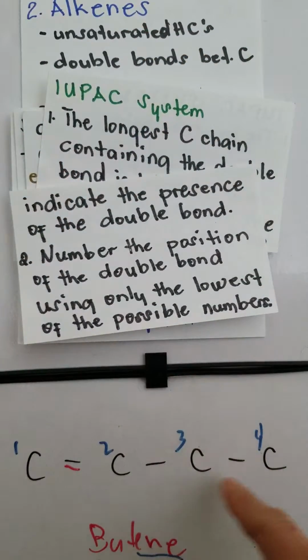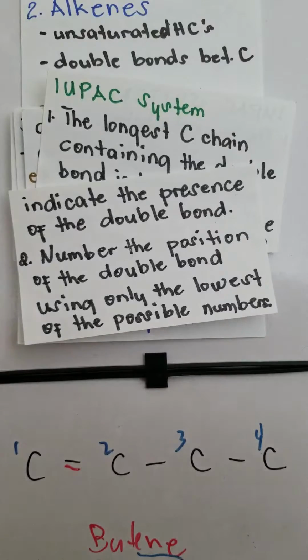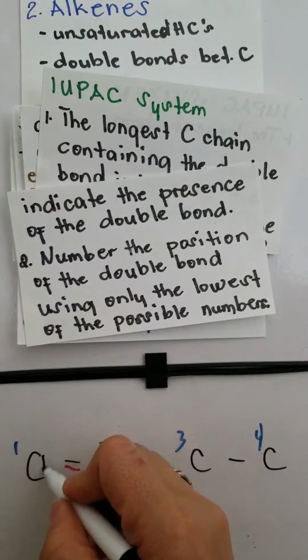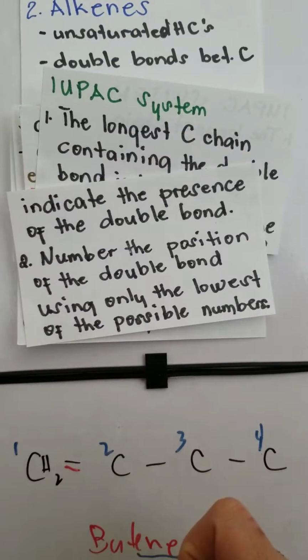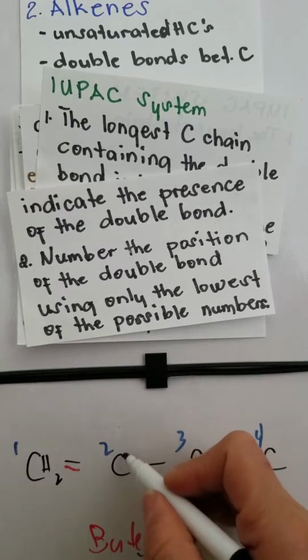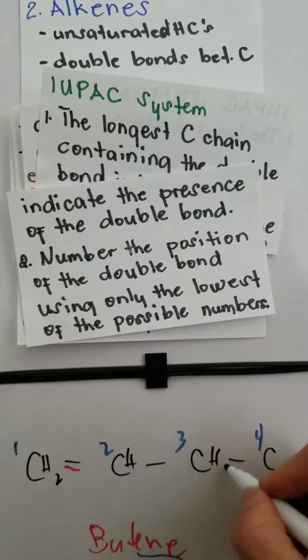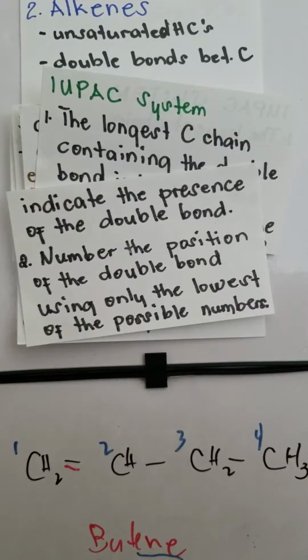Number the position. So what is the name of that carbon atom now? Let me complete the structure. You have 2 there, so we need only 2 more hydrogen atoms. So this is CH, this is CH2, this is CH2, and this is CH3. So what is the name of this structure? Can you see? Okay, you can see.